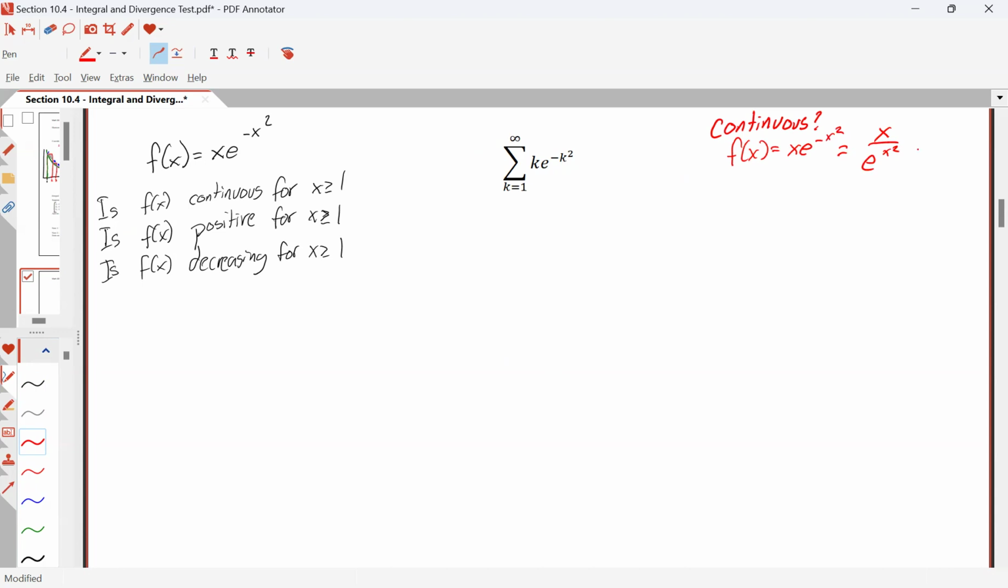E to the x squared never equals 0. Does not matter what x is put in, that is never 0. So, yes, since our denominator is never 0, f of x is continuous.